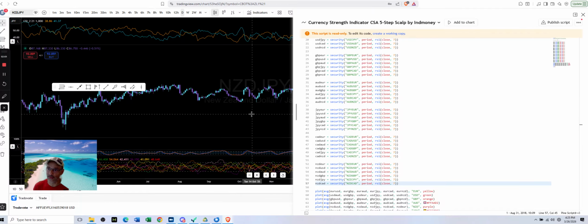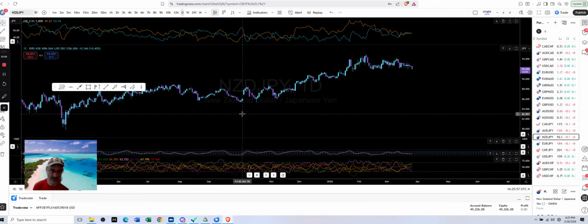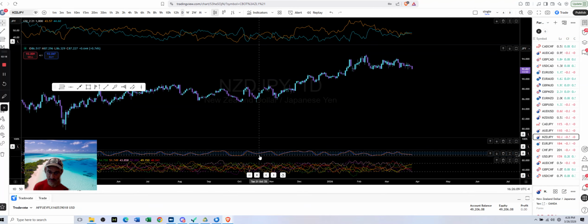But anyways, this indicator is part of a system that this developer uses. This is only one part of it. You can see it's very similar to my custom one, but it's also very, very noisy.